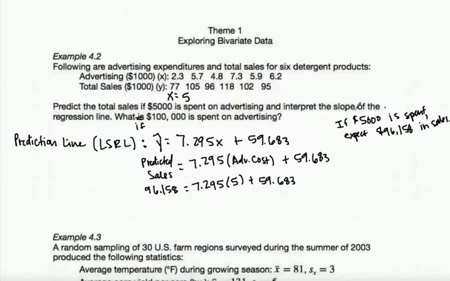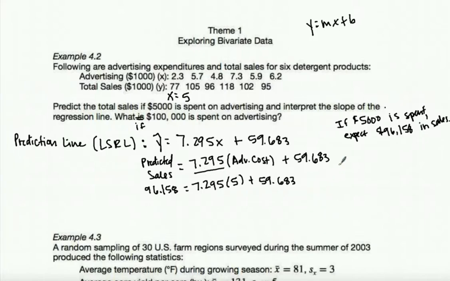Okay, it does ask us to interpret the slope of the regression line. Remember the slope, if we have it in slope-intercept form, y equals mx plus b, would be the piece that's in front of x. The piece in front of x was that 7.295.